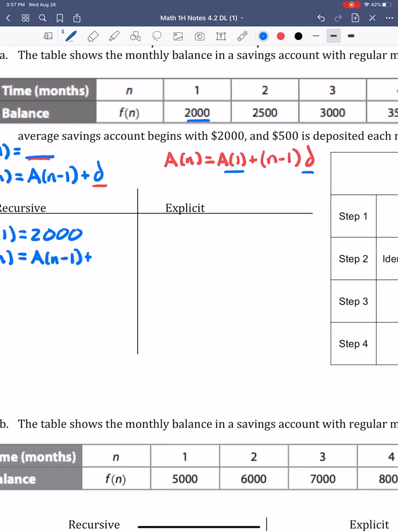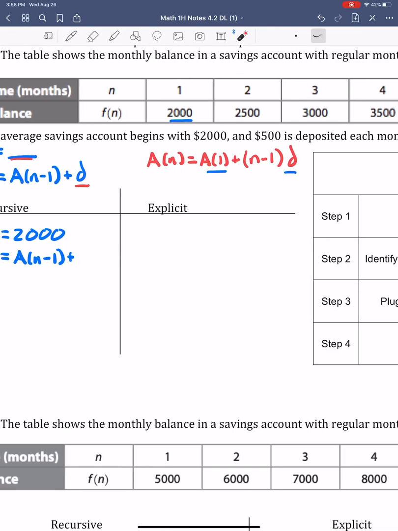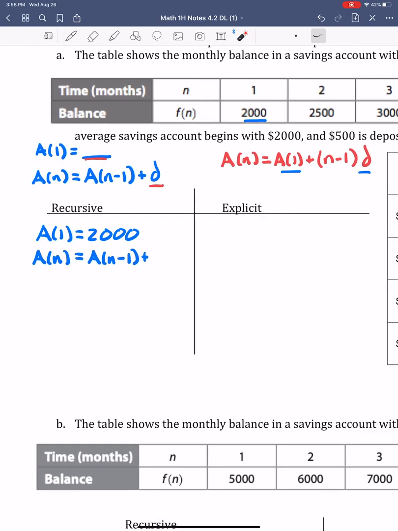So if I check out my table again, it looks like for my common difference, I'm adding 500 each time, right? Adding 500 each time. And so that's my D value there. So I can go ahead and add that to my rule. And that's all they're looking for right now for the recursive rule.